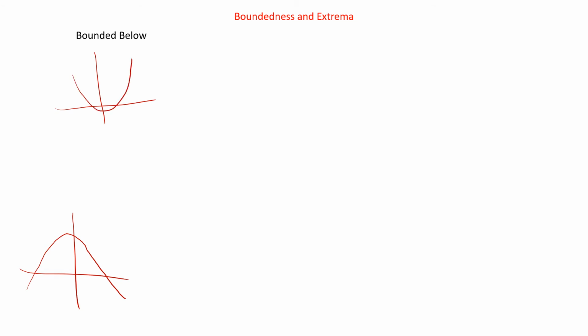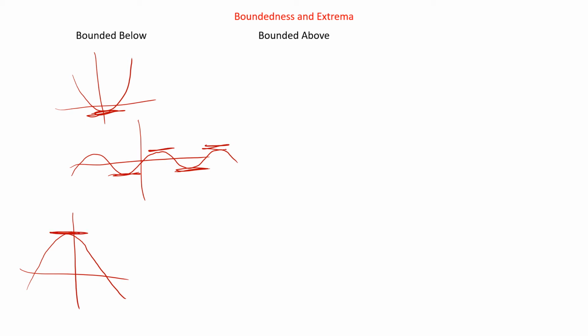It's bounded below. It's not going below this value. But it could be something that's even weirder, like we could have something like that where it's not getting below that value. Upper bounds, or bounded above, means it's not getting above that upper value. So like here, that would have an upper bound.